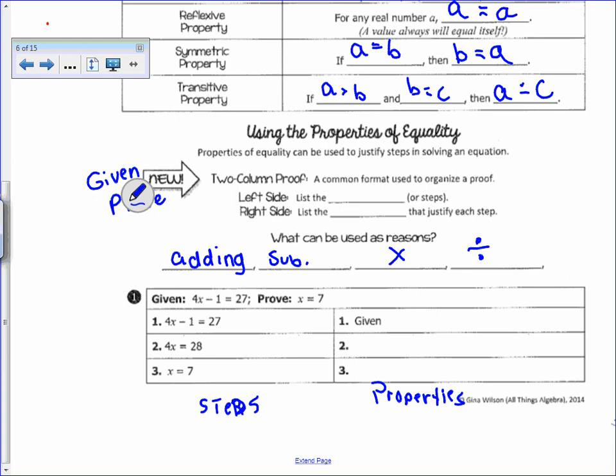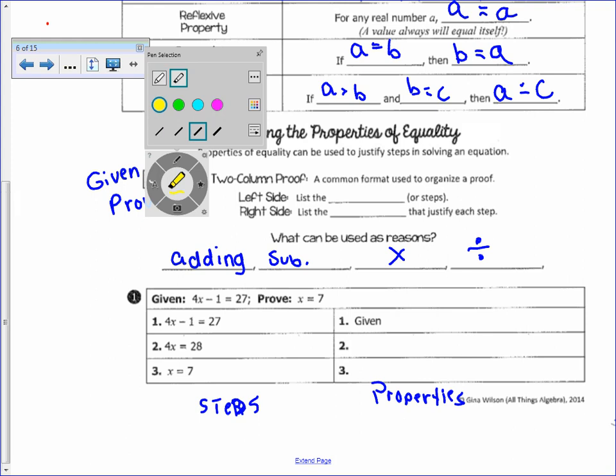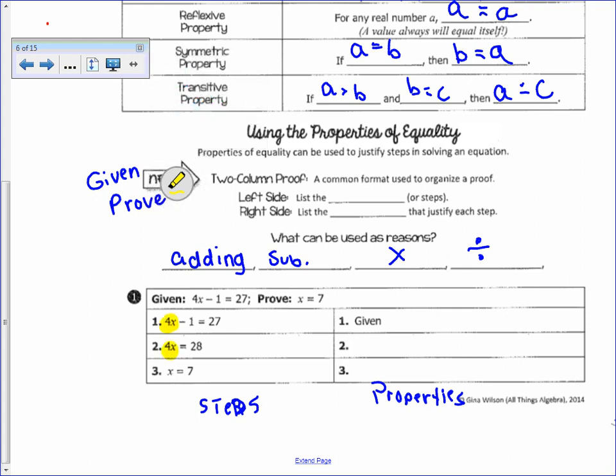So, first of all, if you're struggling with proofs, you need to look at what changes, or in fact, what stays the same. If you notice, the only thing that stays the same is 4x. This stays the same from step 1 to step 2. What do they do to get rid of -1 and 27 and end up with 28?